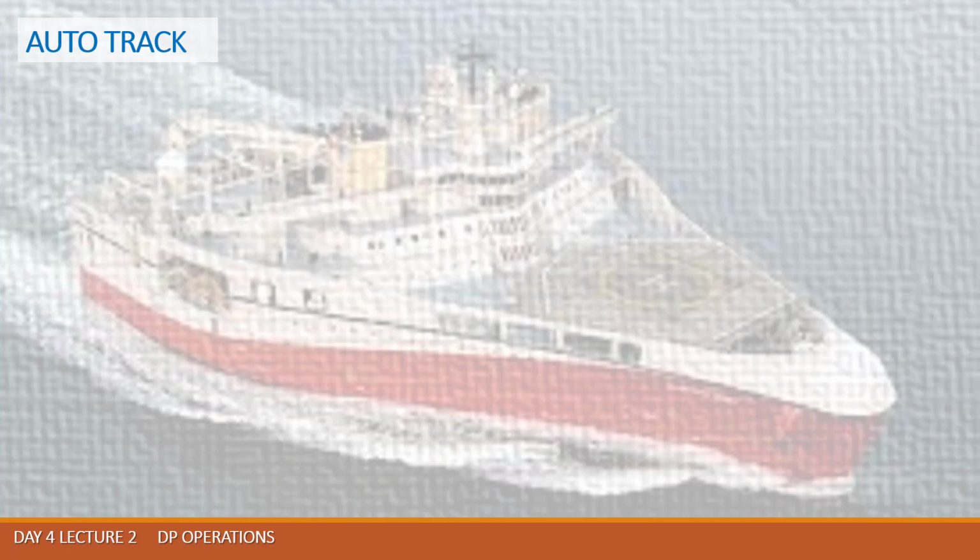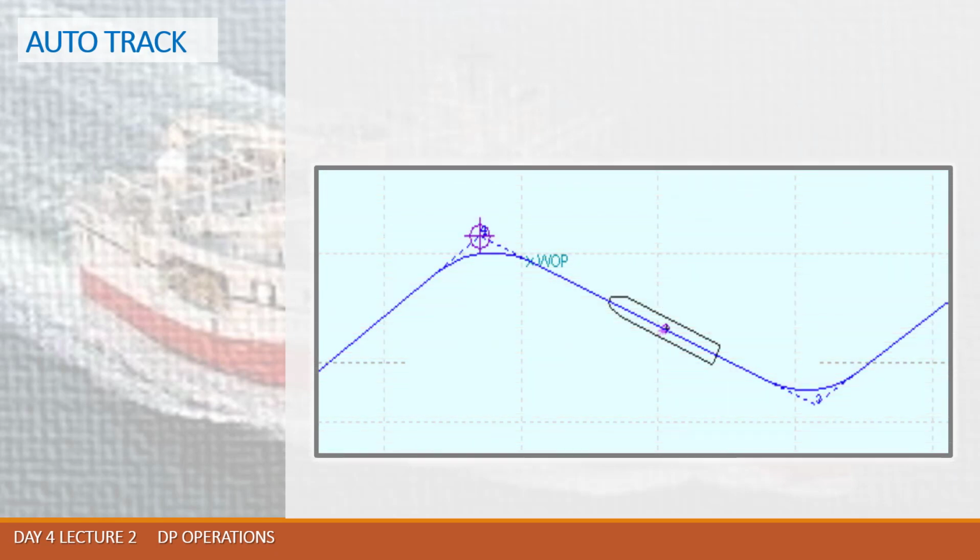Let's check and analyze the main features of auto track mode. First of all, as I said before, this mode lets us proceed from waypoint to waypoint in automatic mode with the setups which are monitored through the DP interface.